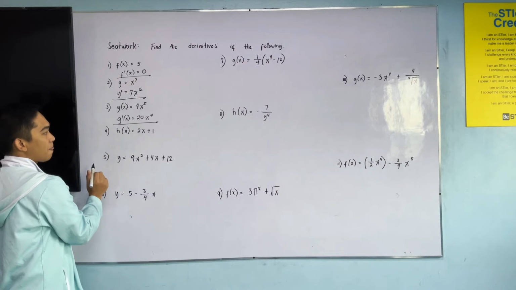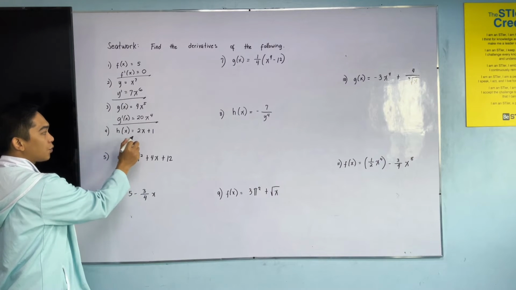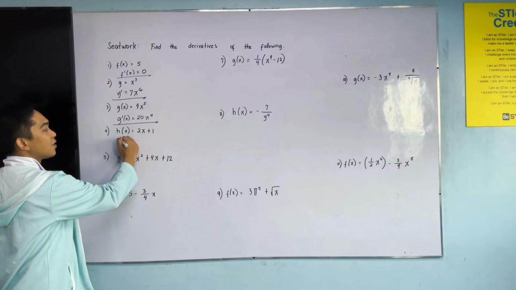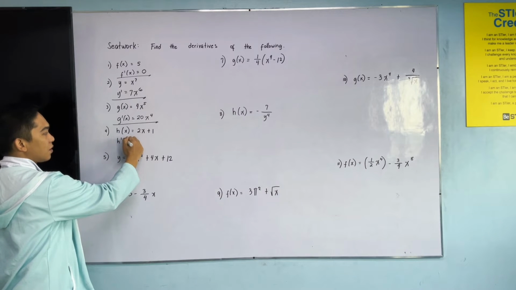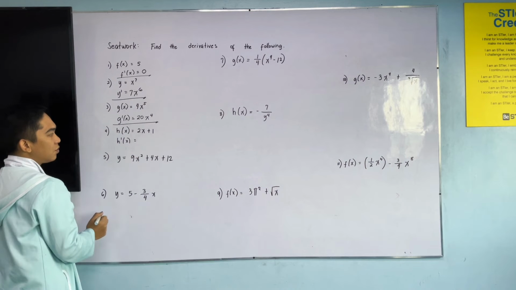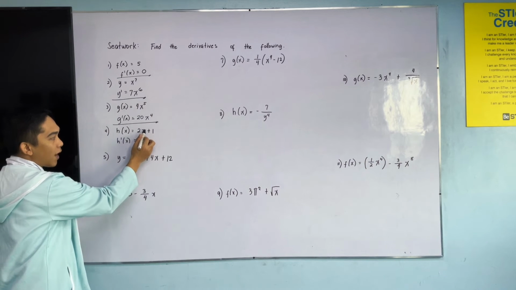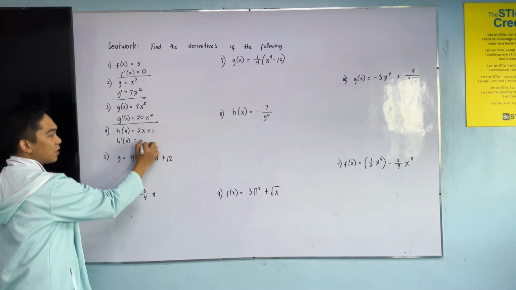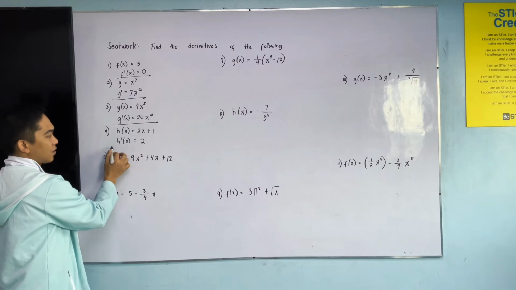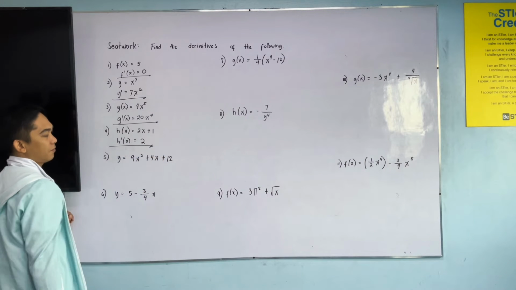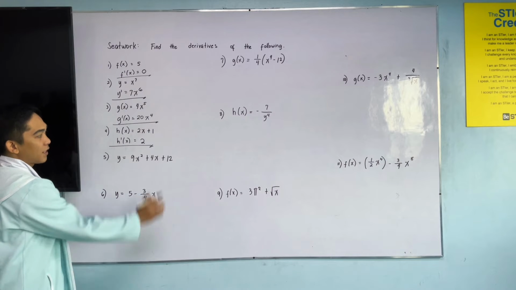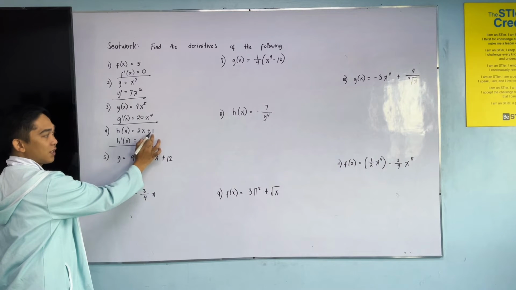Number 4, h of x is equal to 2x plus 1. So h prime of x is equal to 1 times 2, so simply 2. Final answer na yan. Bakit nawala na itong plus 1? Kasi constant siya.